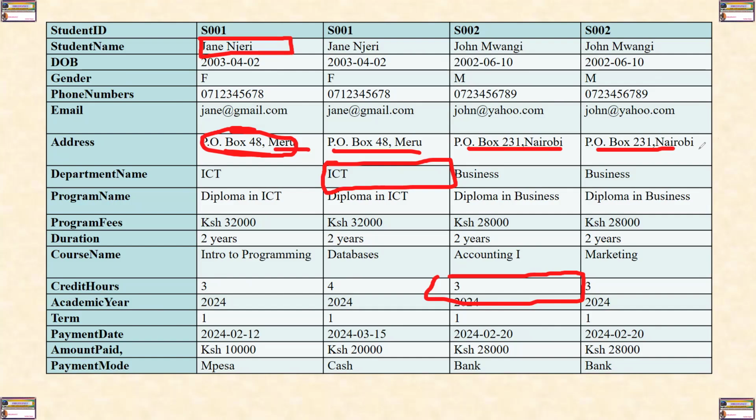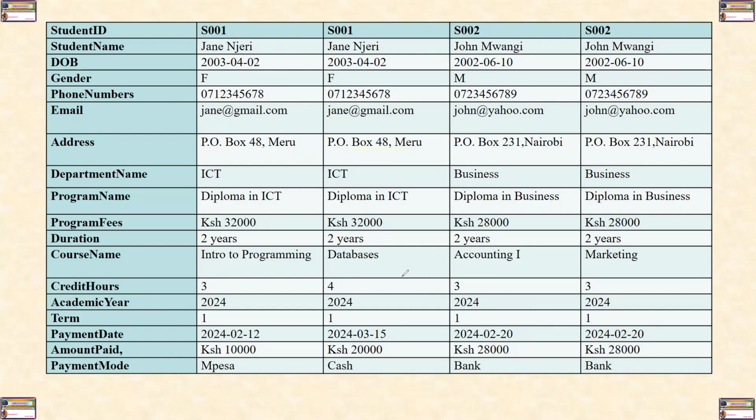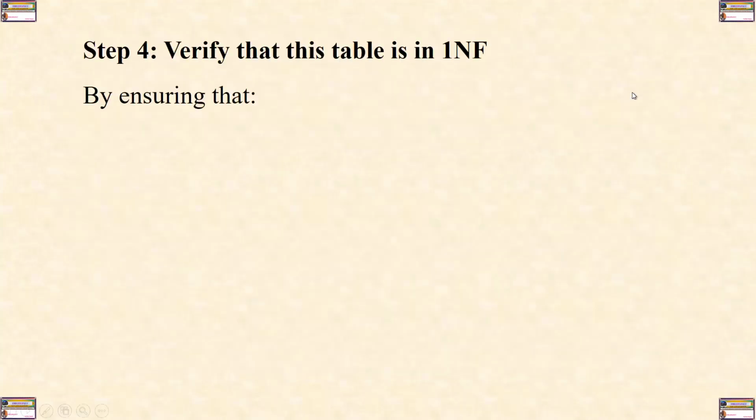So you don't split what is not supposed to be split. As you can see, each field or each cell has 1 piece of data. We don't have any cell having more than one piece of data at the same time. So we have removed that. That's one indication that this table is in first normal form.